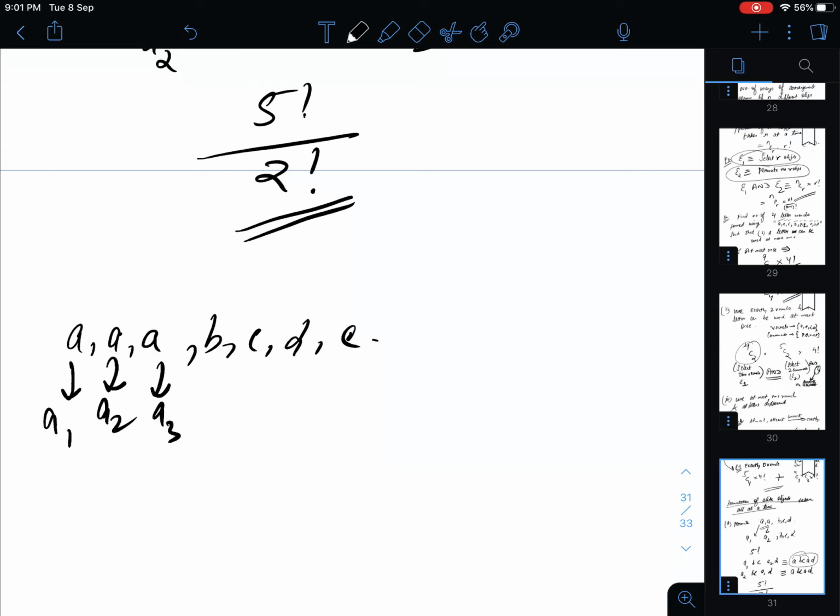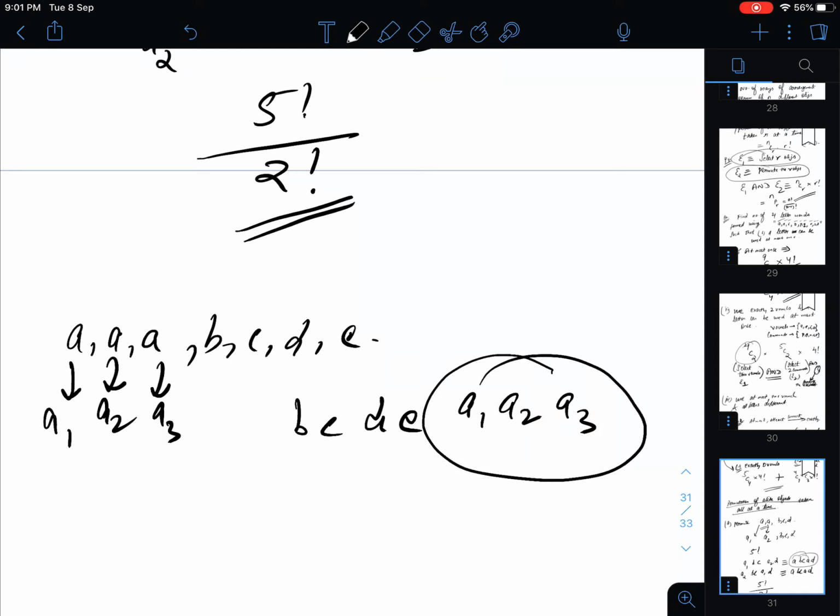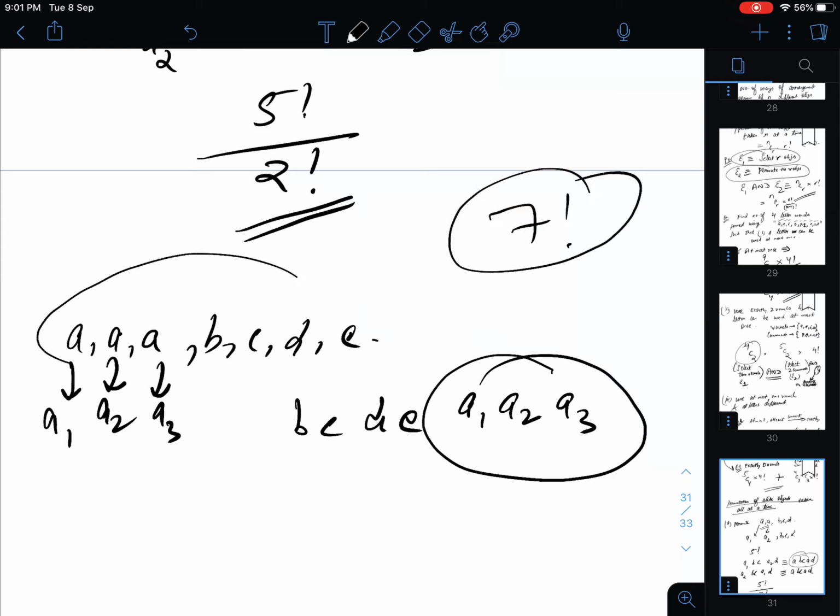One of the permutations that you can get is B, C, D, E, A1, A2, A3. Now, in the permutations of these 7 letters, if we assumed that all of them are distinct, then the total number of arrangements would be 7 factorial.